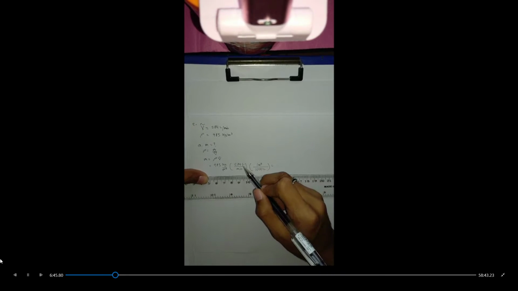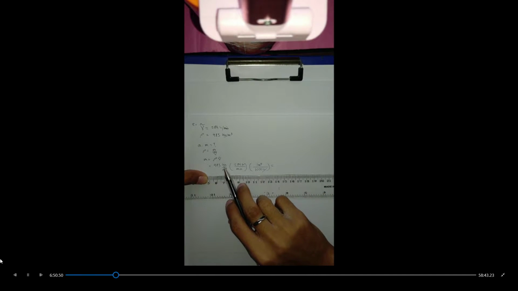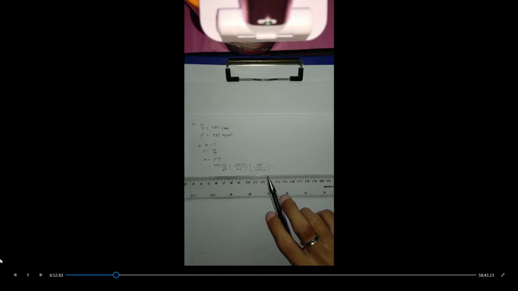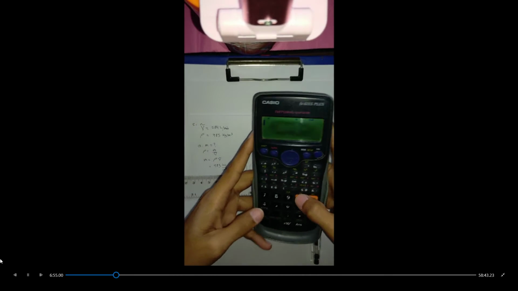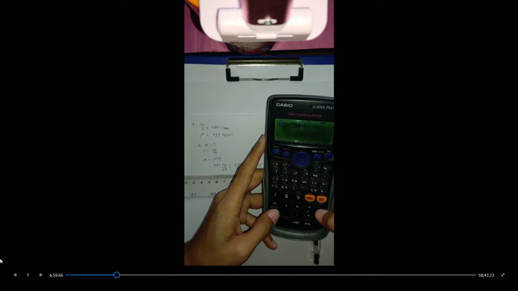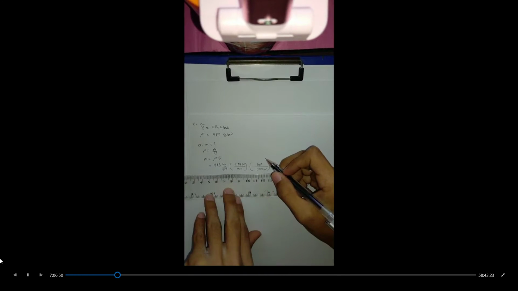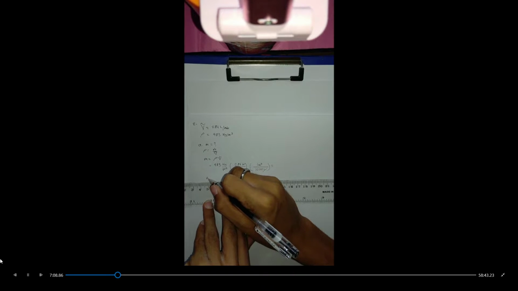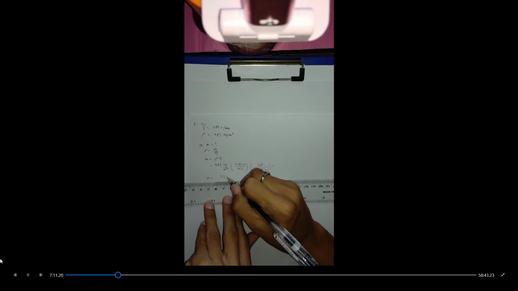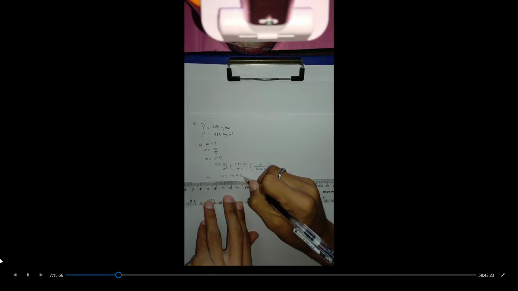Cancelling the units, meter cube and liters are cancelled, and the remaining unit is kilograms per minute. Simplifying, 985 times 284 divided by 1000 gives 279.74. So the mass flow rate is 279.74 kilograms per minute.